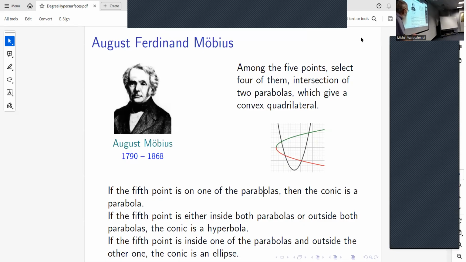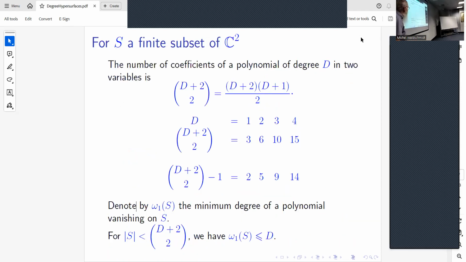If the 5th point is on one of the parabolas, you have a parabola which contains the 5 points. If it is not on the parabolas, it can be inside both parabolas or outside both parabolas. In those cases the conic is a hyperbola. And in the other case, the 5th point is inside one of the 2 parabolas and outside the other, and the conic is an ellipse. I think we will not use that, but it is good to know that we have more information.